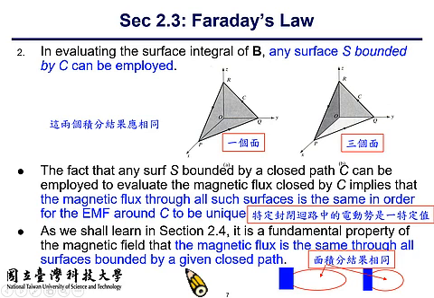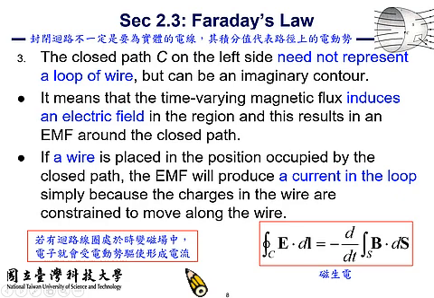So as long as the surface is determined by the contour, the surface integral result of magnetic flux is the same for the same closed path. All right, and the next thing.